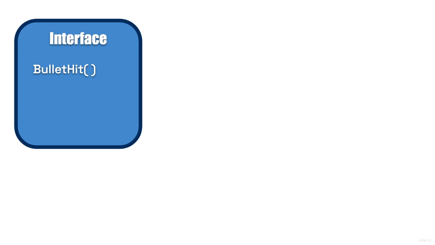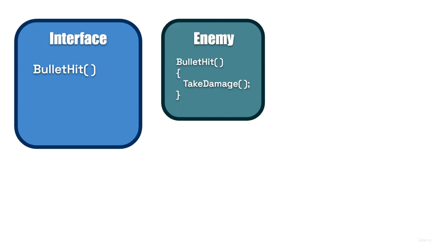Let's say I have an interface and I declare a function called BulletHit. Now on the interface class, I don't actually provide the function body. I only declare the function name. Now, I may have an enemy class that will implement this interface. So the enemy will actually inherit the BulletHit function and provide its own definition for that function.